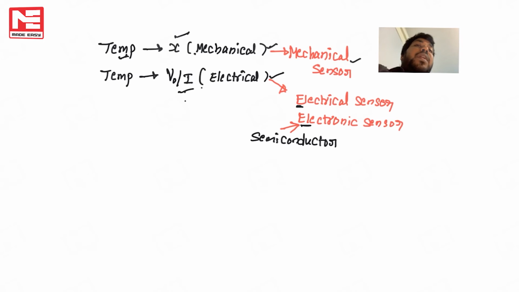If the output is an electrical quantity when the temperature is changing, then it falls in two categories. Either it might be an electrical sensor or it might be an electronic sensor. So what is the classical difference between them? An electronic sensor uses a semiconductor material, whereas an electrical sensor might not use a semiconductor material.